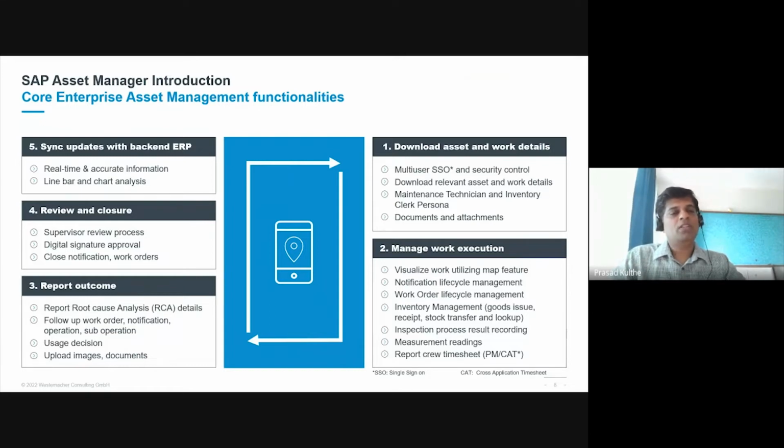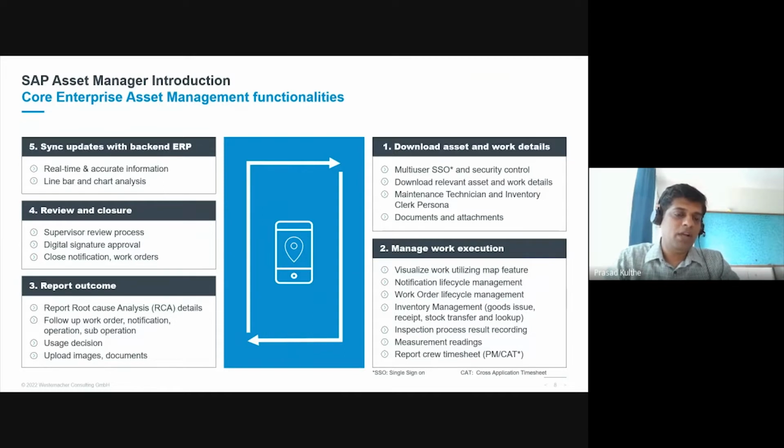This is again very important because we are getting more real-time and accurate information using this mobile device, because people are capturing all real-time information from the site, and this helps us generate a single source of data truth in a more real-time way.